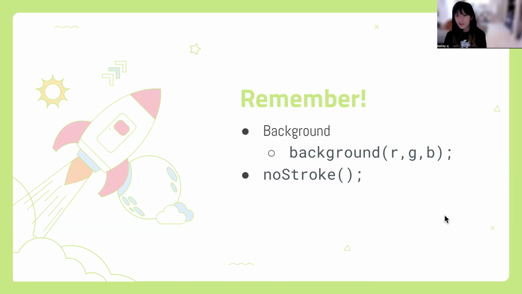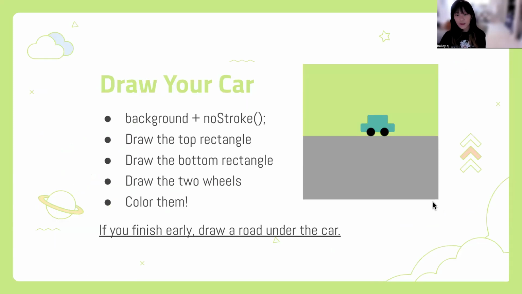And as a quick reminder, we have the background function and noStroke. This is what they actually look like when written out inside of your projects. All right, if you haven't done this already from last week, go ahead and open up your existing program, or open up a new program if you don't already have a car project. You will follow these steps here.